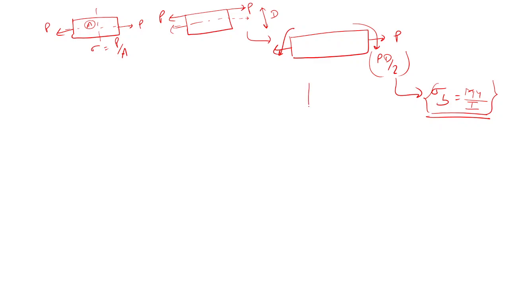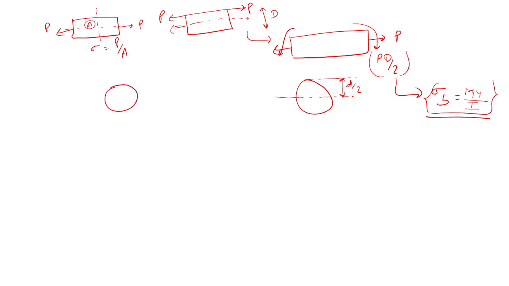Let's suppose your cross section is this way, this would be the neutral axis, which we'll see later along with moment of inertia. So y would be the maximum distance, d by 2 here, and I suppose you know the moment of inertia for circular and rectangular cross sections.